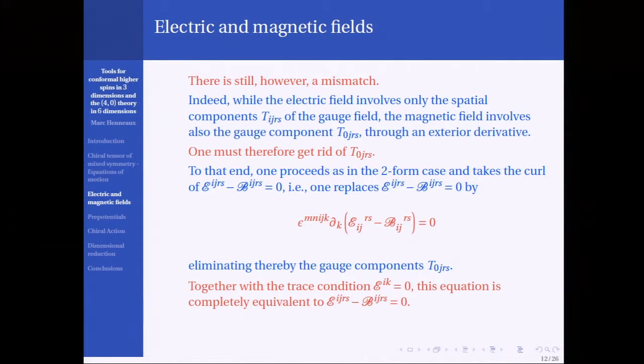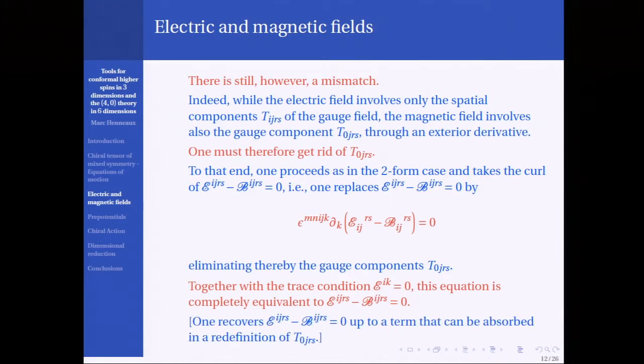You might lose information, but actually one can show that that equation, together with the trace condition, which I told you was a consequence when you didn't take the curl, but of course the trace condition has to be fulfilled, is completely equivalent to this. The advantage of this formulation is you got rid of T0 JRS.